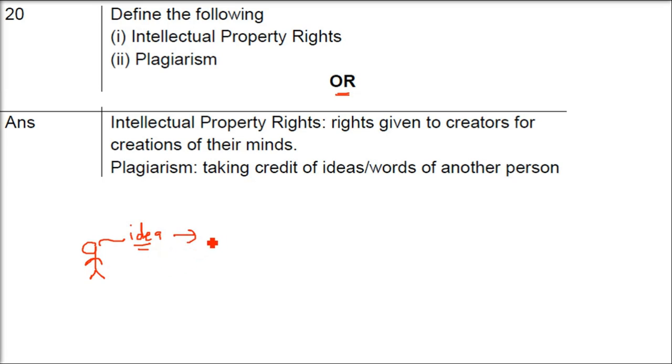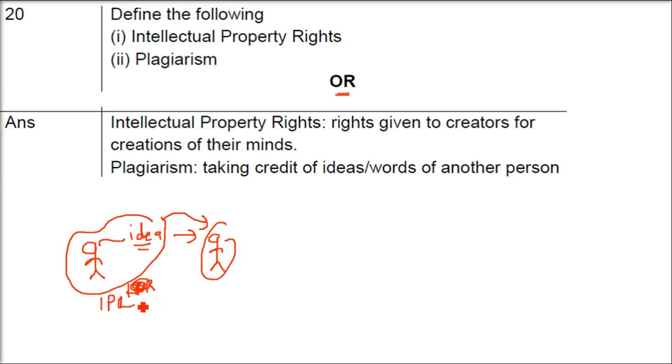Now you have this idea and you gave it to somebody else, or you told it to somebody else. Now this idea belongs to you. Now someone else who got the idea started using it and made money. That is, your intellectual property right had been stolen by this other person.